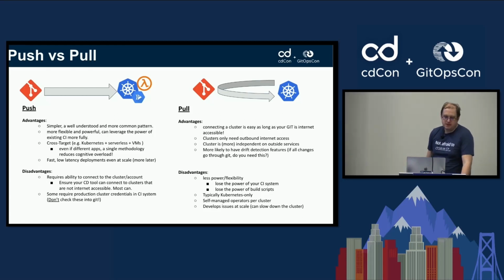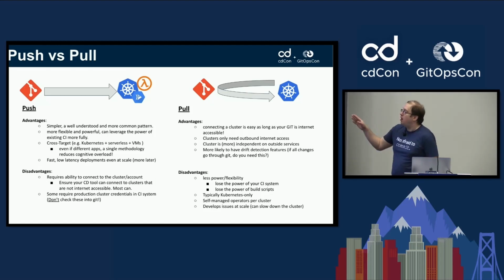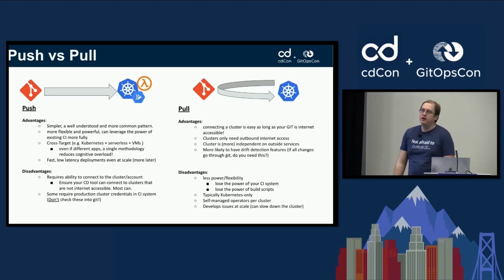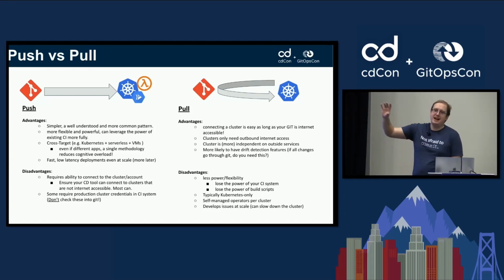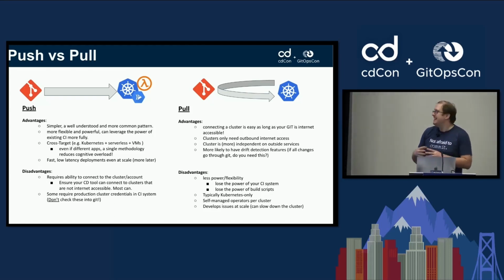There are some disadvantages of push. So there are push systems out there that require things like you load external secrets into GitHub. They require internet access to, like, a Kubernetes cluster. That's a problem. If you need external secrets, use the secrets manager. Don't check it into your Git repo. Everyone should know that. But also take a look at how it connects to your cluster.